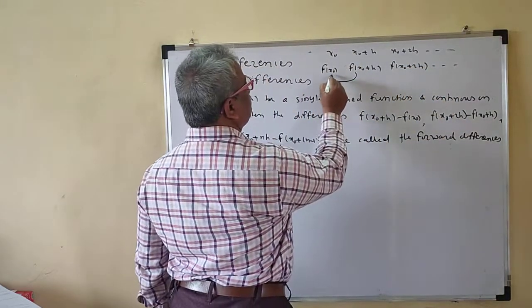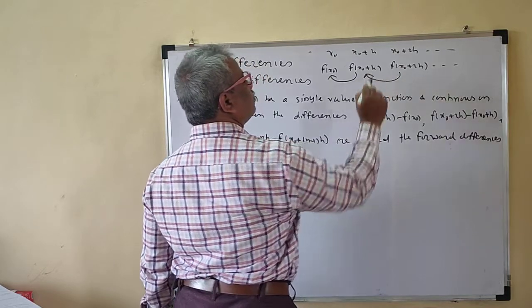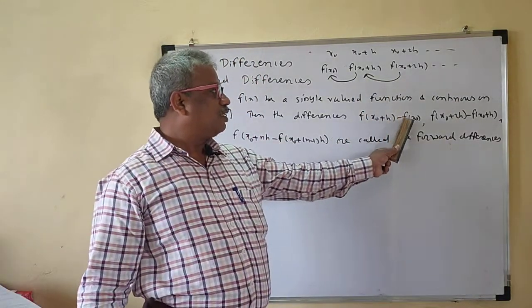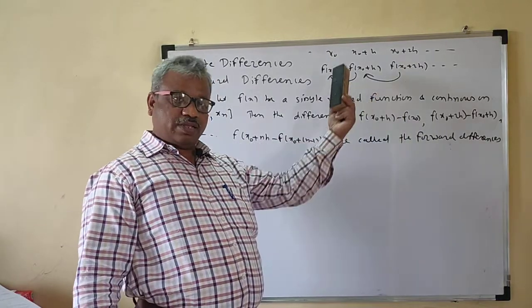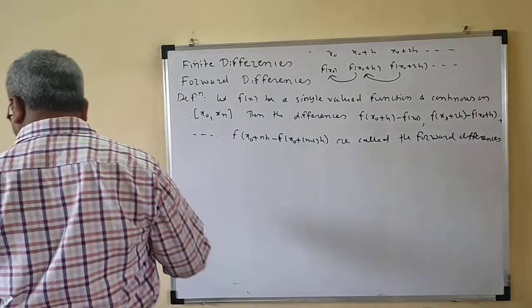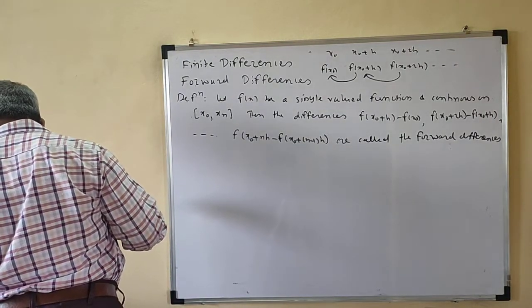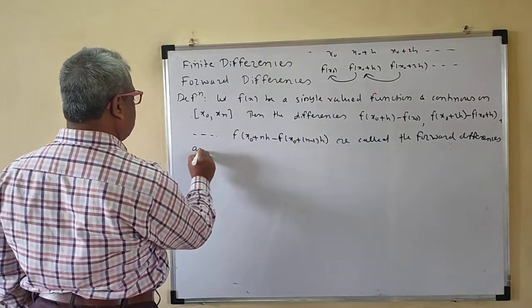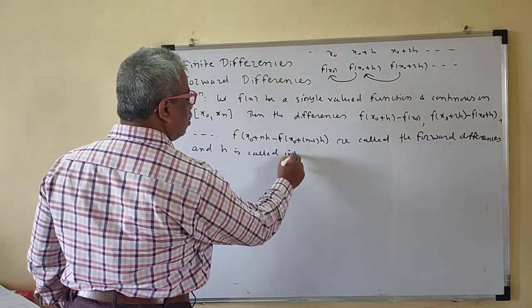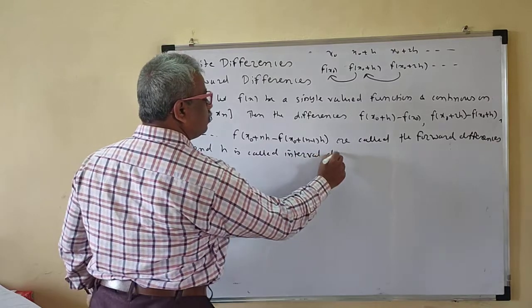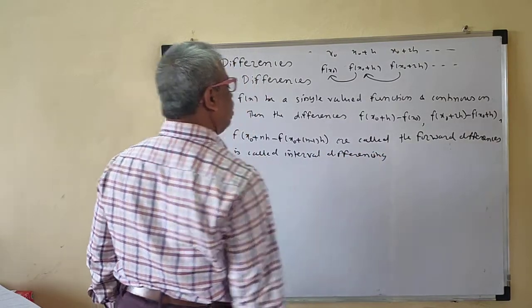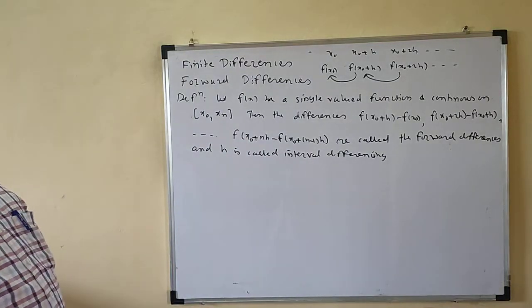So this minus this, that is f of x naught plus h minus this. The next one minus the previous one. So they are called the forward differences, and h is called the interval of differencing.